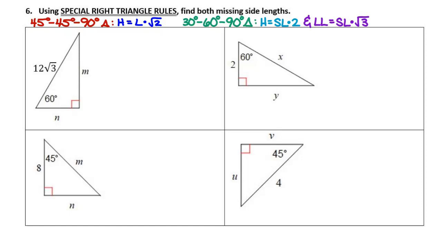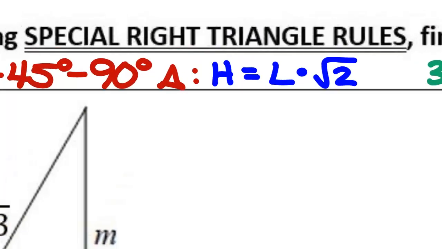What part of the triangle have we been given? The hypotenuse. So the first thing we need to do is find the short leg. Yes, 6 square root of 3. Thank you.